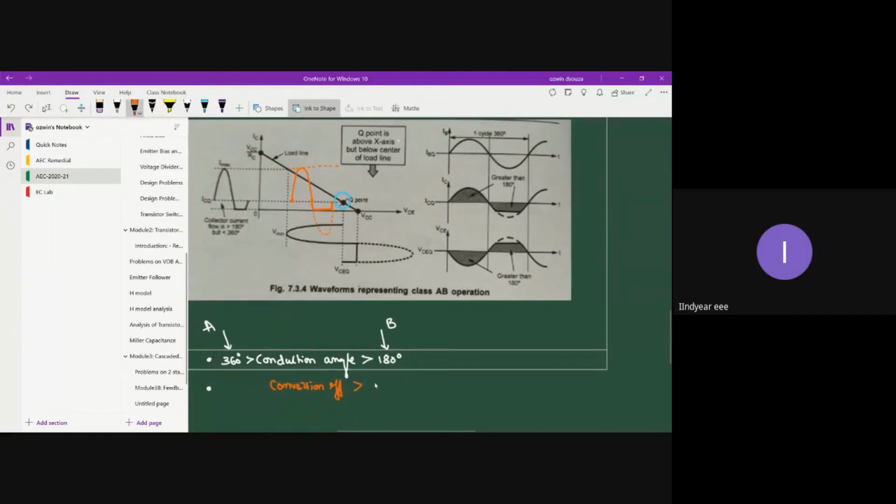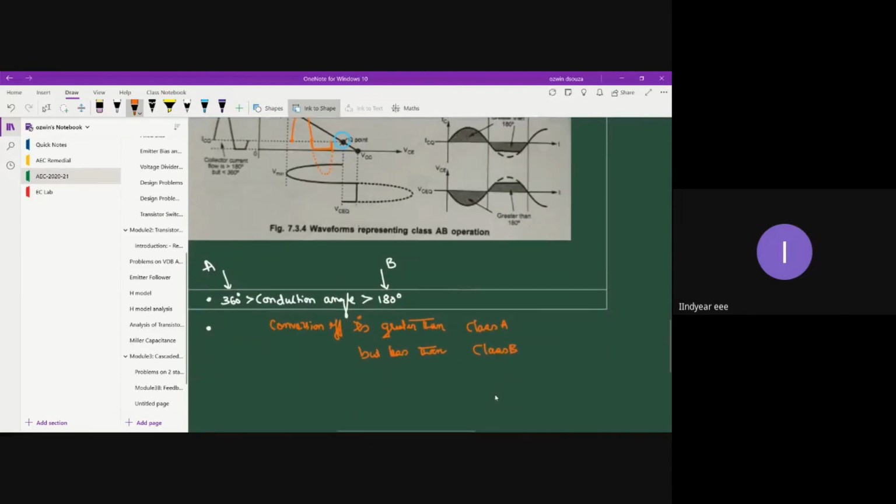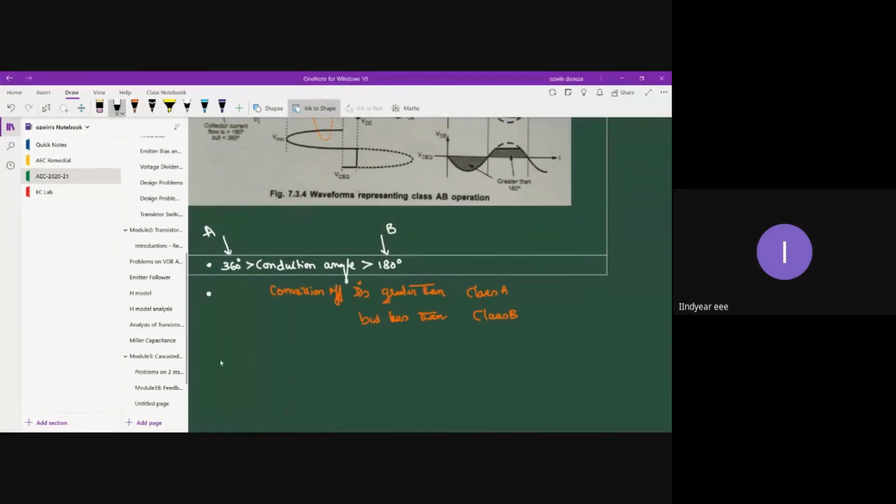Conversion efficiency is greater than class A but less than class B. All right, conversion efficiency is greater than class A but less than class B. And the Q point location also: I can write, Q point is located slightly above the cutoff region. Cutoff region.